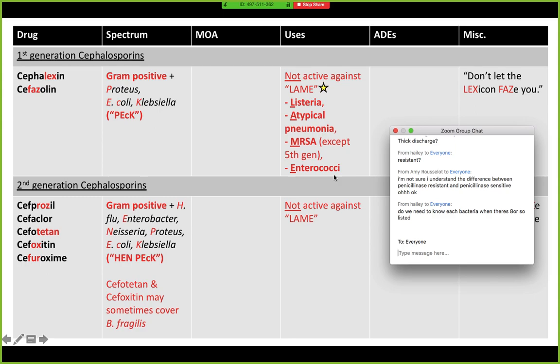So she's probably going to give you a question stem that describes one of these presentations, and then ask which antibiotic you should use. You're not going to use a cephalosporin to treat any of these unless it's MRSA and you're talking about ceftaroline. So definitely know that.